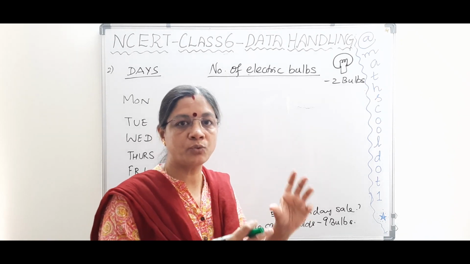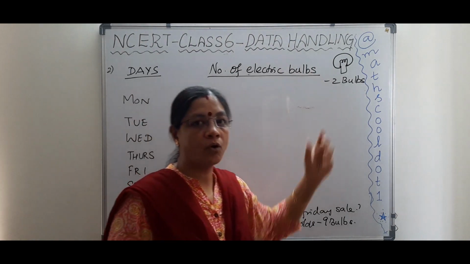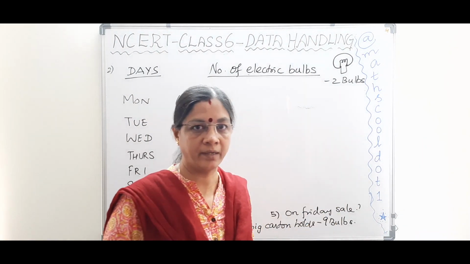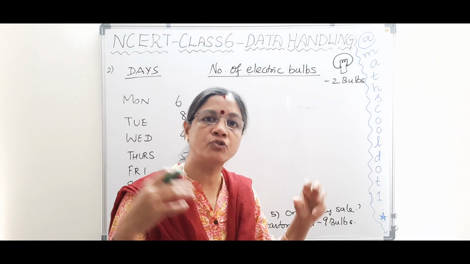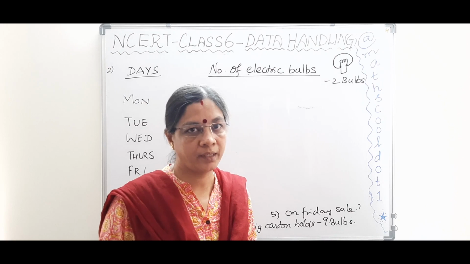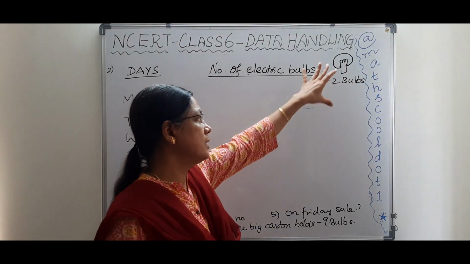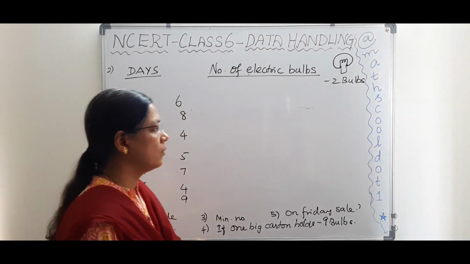You need to have a key which represents some number of items. Because we will not be able to draw the total quantity given, we'll be using keys. So the key is one bulb is equal to 2 bulbs. And what is the question?